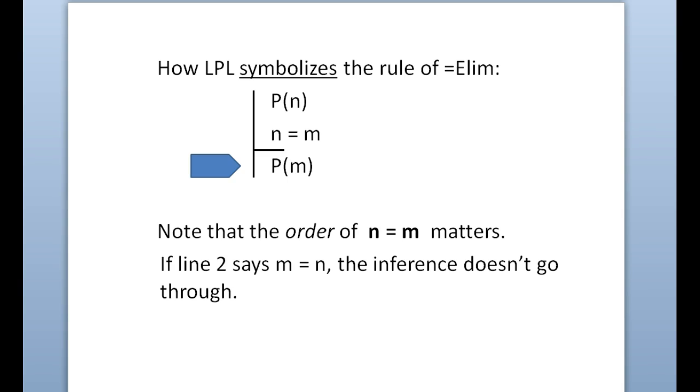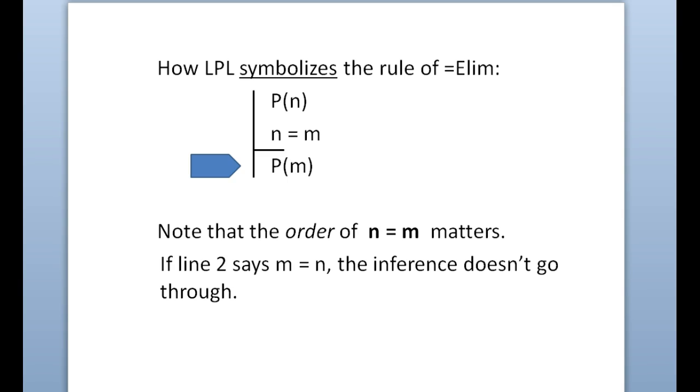The little symbol that I put in here, which is similar to what they show in the textbook, a little blue symbol, means we have the right to state this new formula based on the first two formulas using this rule. So if you have Pn, and then you've got n equals m, then this rule of identity elimination authorizes you or licenses you to then state Pm.